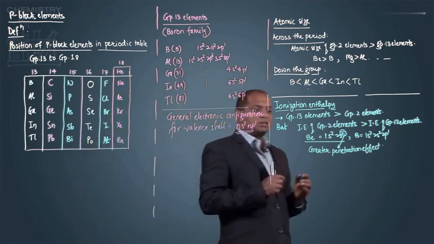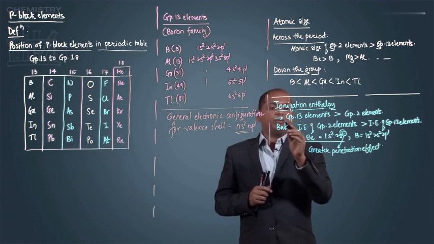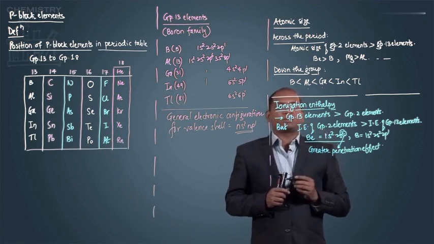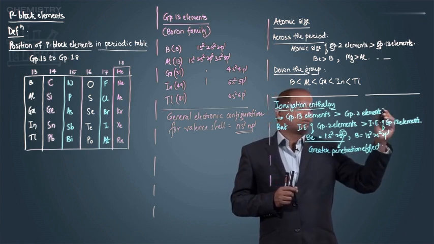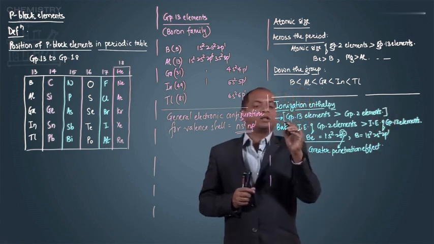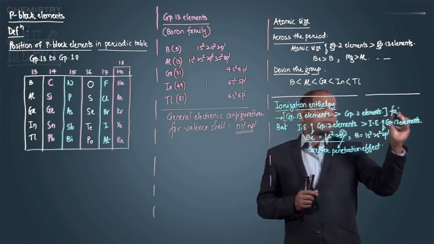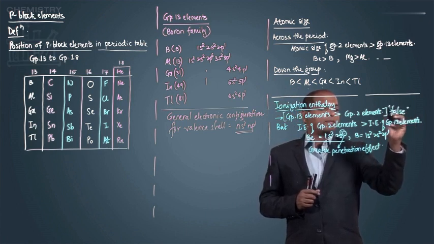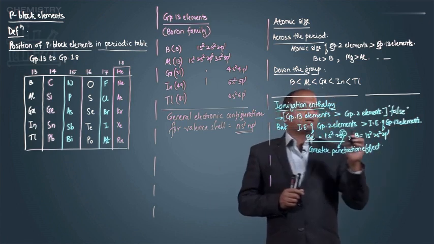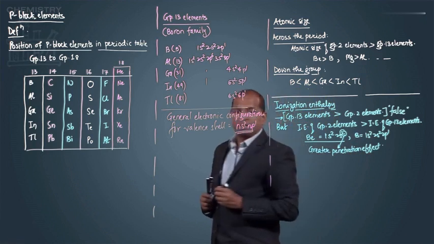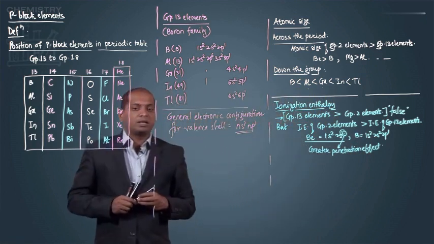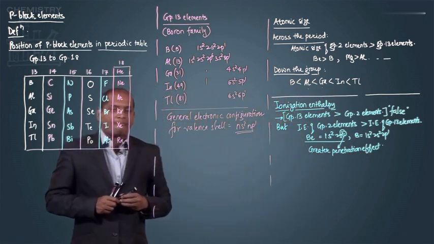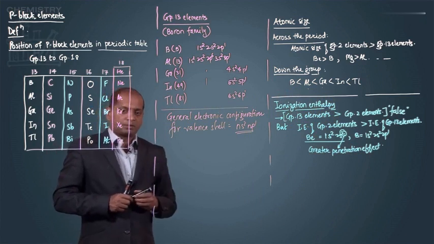Okay, so you have to remember this thing. The statement that group 13 ionization potential is greater than group 2 is not true. This is a false statement. Why false? Because of the greater penetration effect observed in beryllium, that is, in group 2 elements.